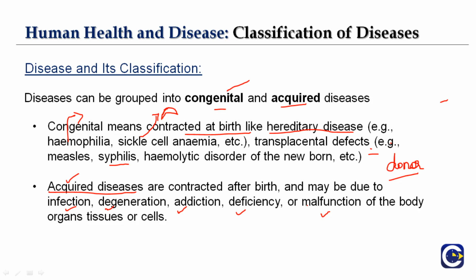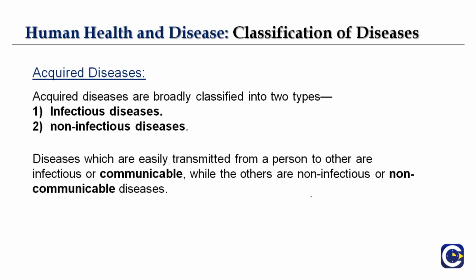The second category was acquired diseases, which are contracted after birth, and I also gave you factors which contribute to them: infection, degeneration, malfunctioning of organs or tissues, addiction or deficiency. Now let's move to the next part.